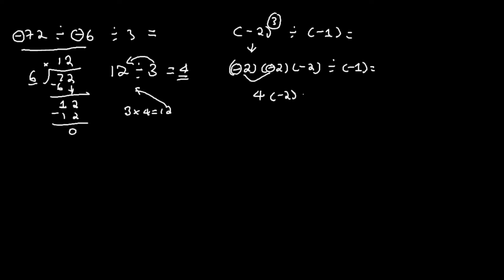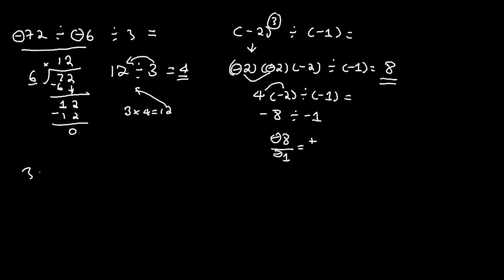Rewrite everything over here so you don't make any mistakes. Now you can distribute the 4 to the negative 2, that will be negative 8. Now here you are dividing two negatives, and when you divide two negatives you get positive. This will be positive 8, so your final answer is 8.